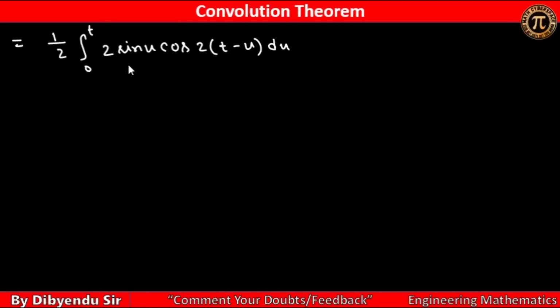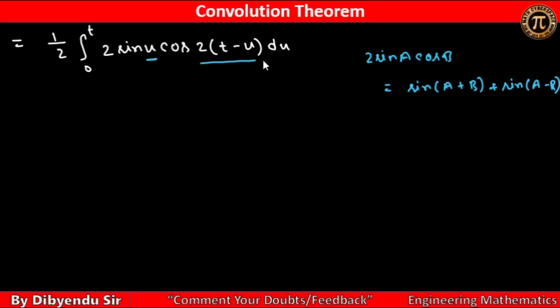So this is of the form 2 sin A cos B. So obviously you can use the formula that 2 sin A cos B is equals to sin(A plus B) plus sin(A minus B). If you compare with this formula, this u is our capital A and 2(t minus u) is your capital B.